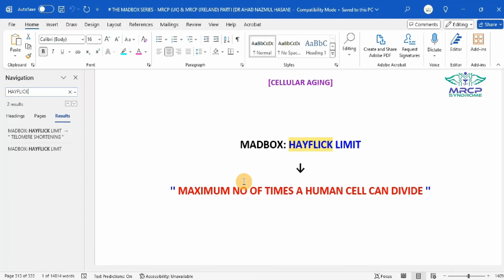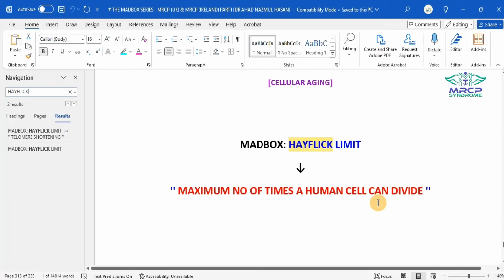So this Hayflick limit refers to the finite number of times a normal human somatic cell can divide before entering the state of cellular senescence or permanent growth arrest.